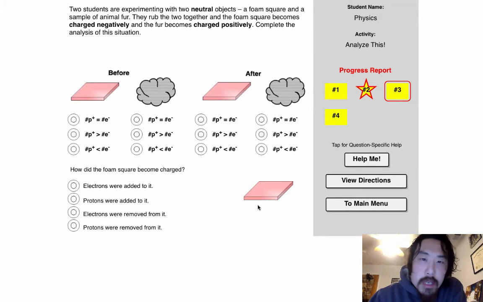Two students are experimenting with two neutral objects, a foam square and a sample of animal fur. They rub the two together and the foam square becomes charged negatively and the fur becomes charged positively. Complete the analysis of this situation. Before, there are two neutral objects.